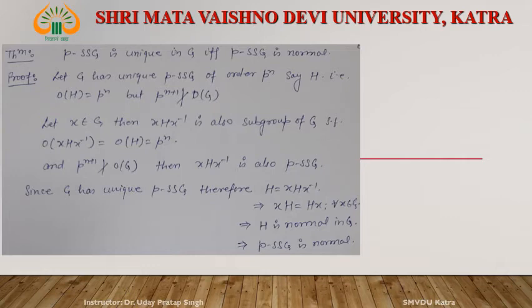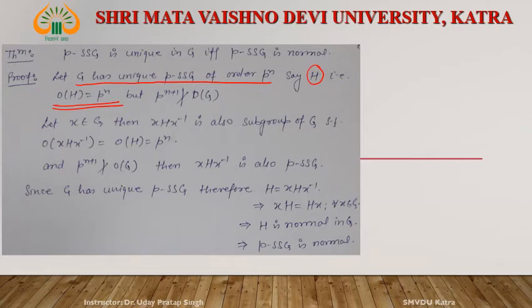First part, let G be a finite group and let it have a p-Sylow subgroup of order p to the power n. G has a unique p-Sylow subgroup of order p to the power n. We call this p-Sylow subgroup H. Okay, then the order of H is p to the power n.